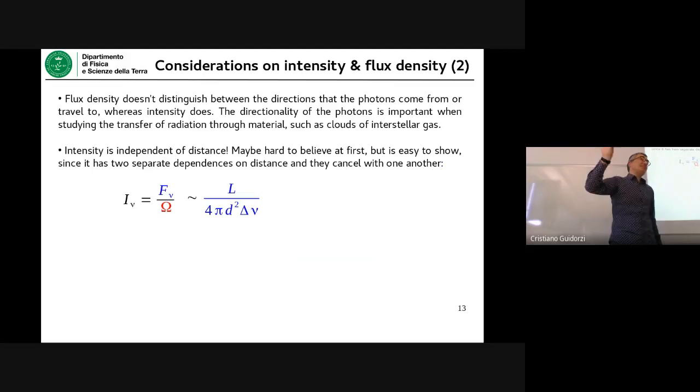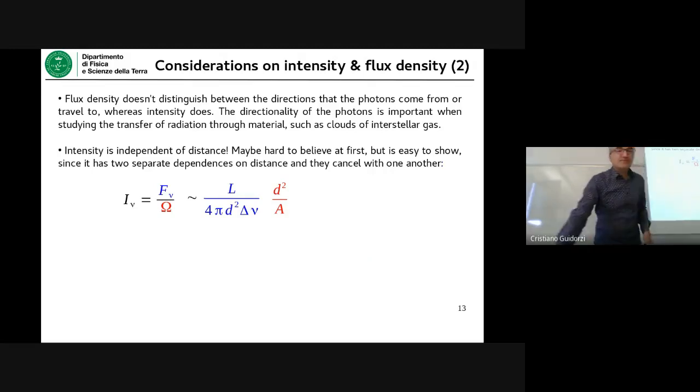But also the angle subtended by the source: the further you move, the smaller it gets. And how much? Well, the definition of solid angle is just the projected area A of the source, which is constant as long as you keep the same object, over d squared. So you see that they behave the same way.